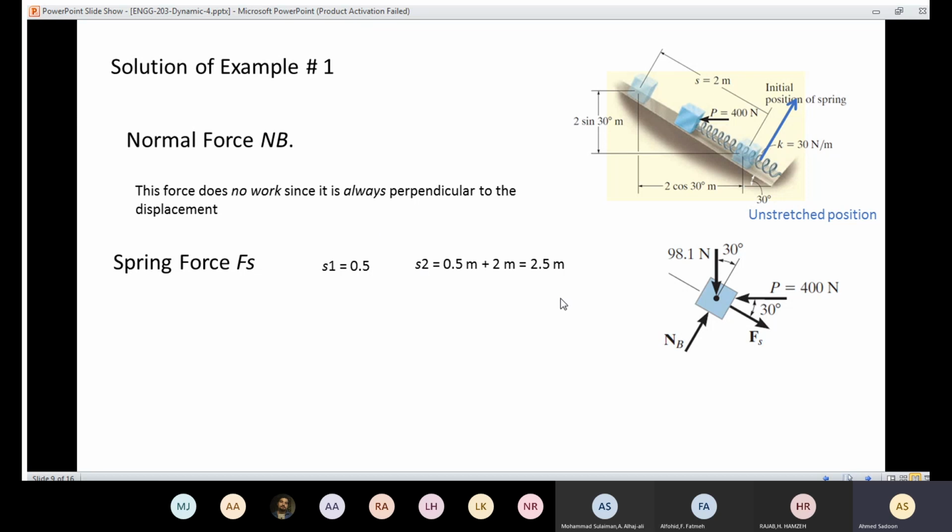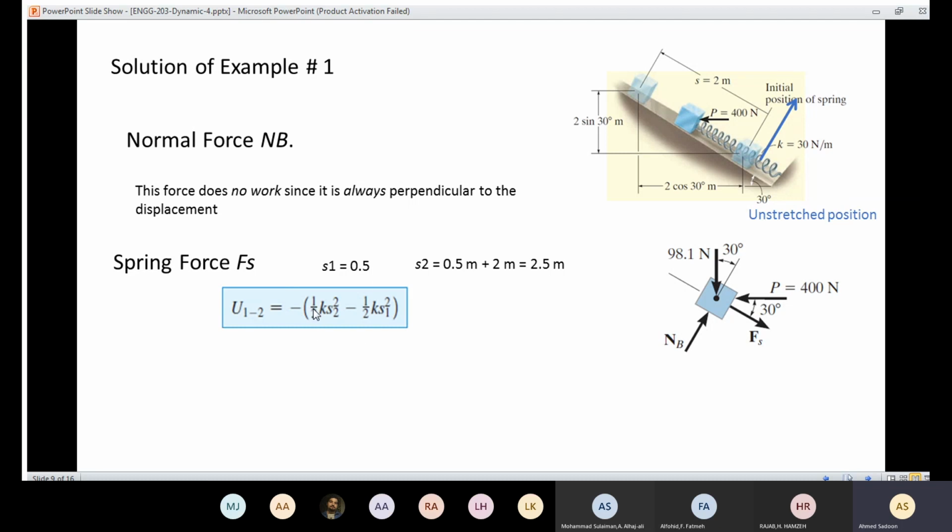Again, take care of S1 and S2 when you are dealing with the spring force. Many students make mistakes here. You need to remember your reference is here. We developed this formula: the work done from S1 to S2 is going to be like that.